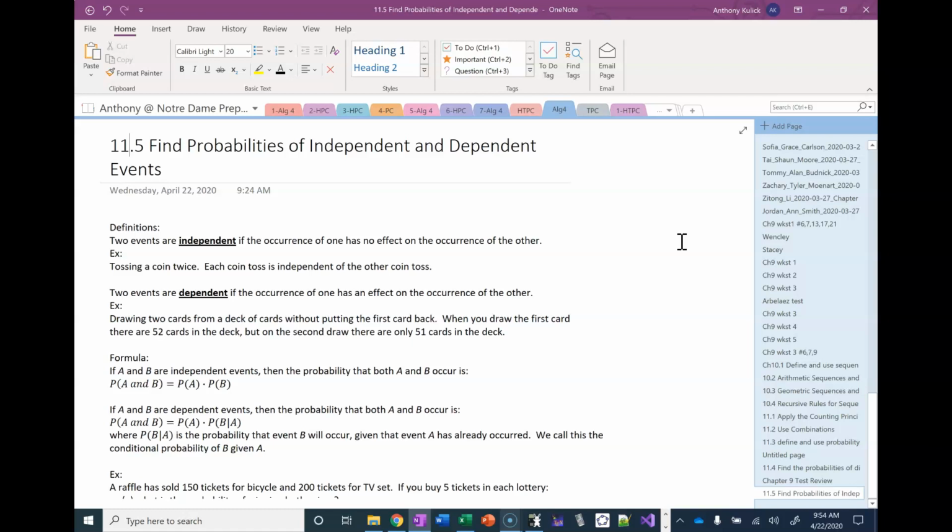And then in almost all real life situations, the probabilities are going to be dependent. So like, you could look at things like gender and favorite sport or something.